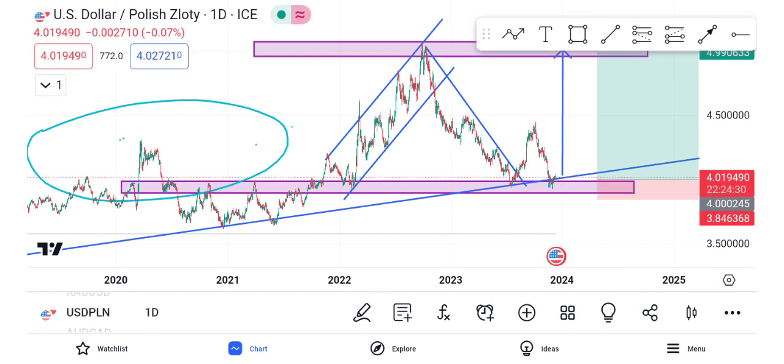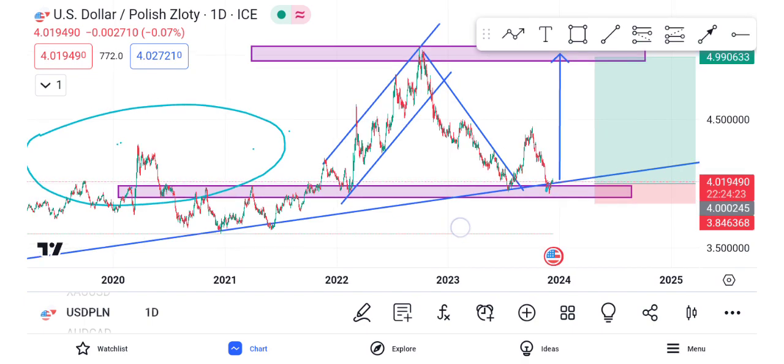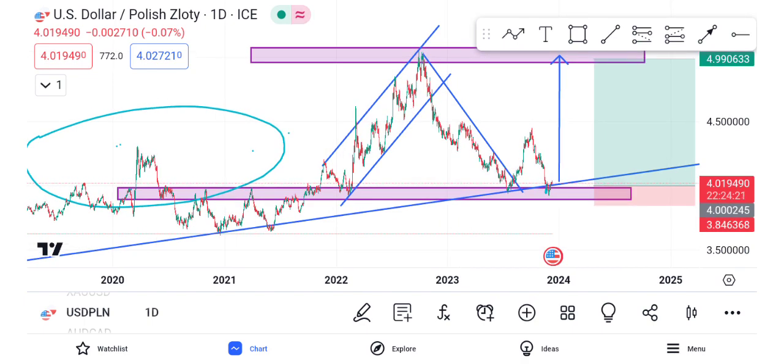I think we are currently on a sell entry on Nasdaq. So I'm going to be showing you guys the analysis in my next video. My next video will be out on Wednesday. I'll be showing you guys the analysis so you can just get along.